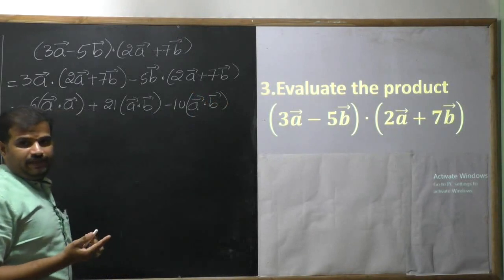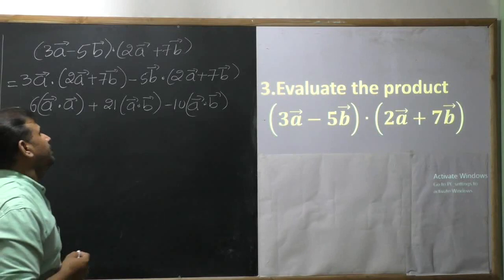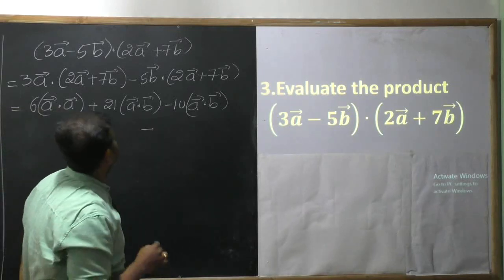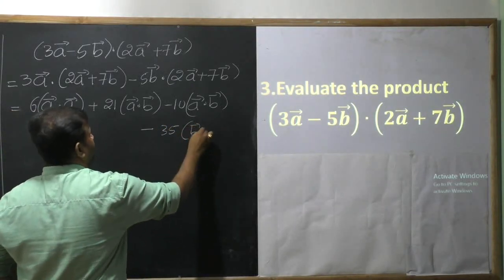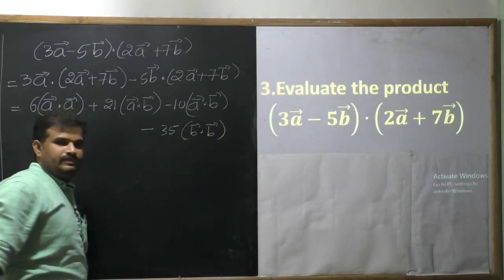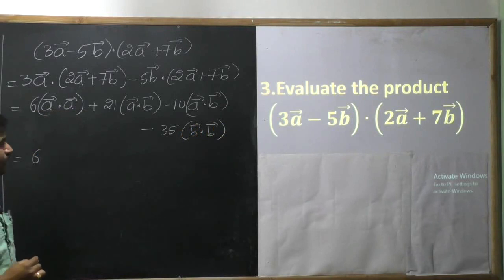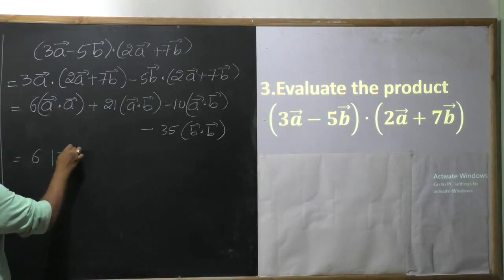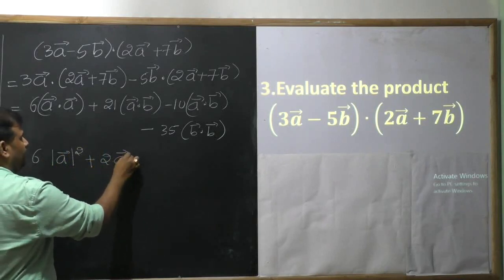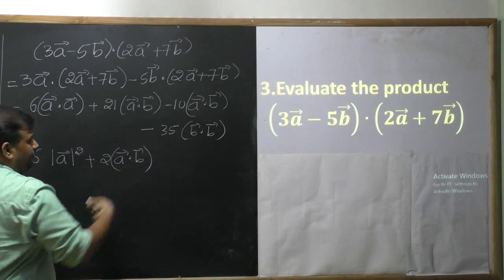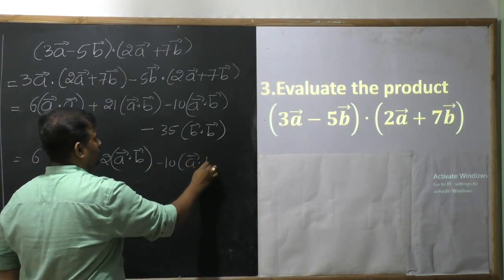We can write either a dot b or b dot a, because the dot product is commutative. Minus 7 into 5, that is 35, vector b dot vector b. So clear? This is equal to 6 into a dot a, which we already know is magnitude of a squared, plus 21 into vector a dot vector b minus 10 into vector a dot vector b.